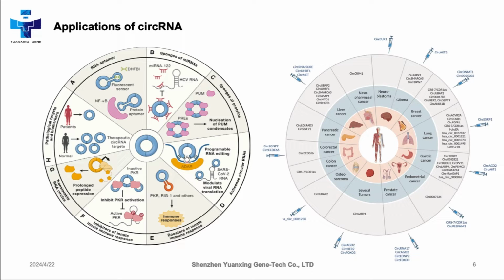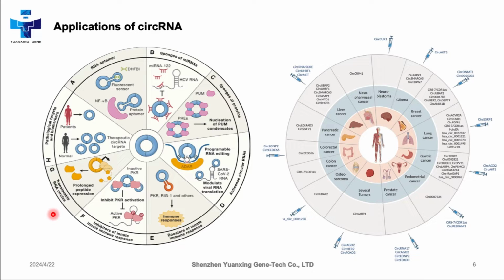Let's introduce the biomedical applications of the circRNA, including acting as the RNA partner, the sponges of the microRNA, sponges of some proteins. Also, it can act as the antisense RNA or boosters or the inhibitors of the innate immune response.